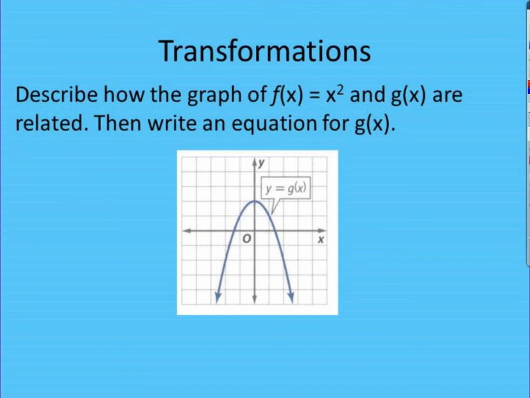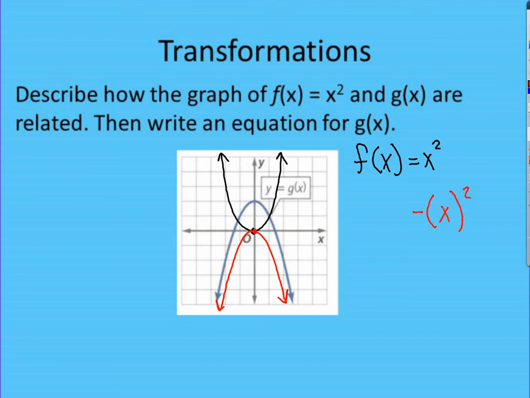If we look at one more example of this, our original function is still x squared. The first thing they did was they reflected this across the x-axis. So our graph is going to change and come down here. So the first thing they did was put a negative sign out in front of that whole function. It's in front of the x squared. It's not just on the x inside the parentheses.